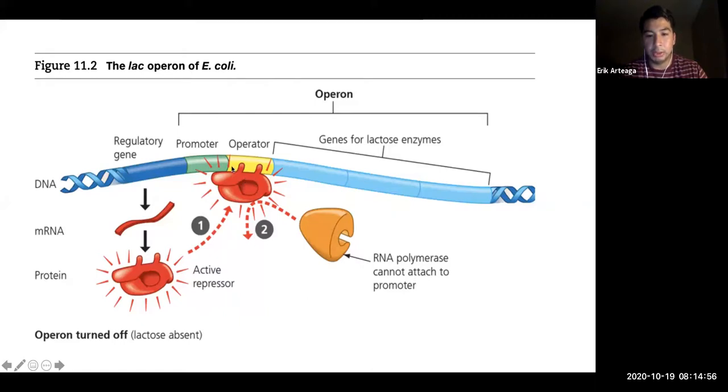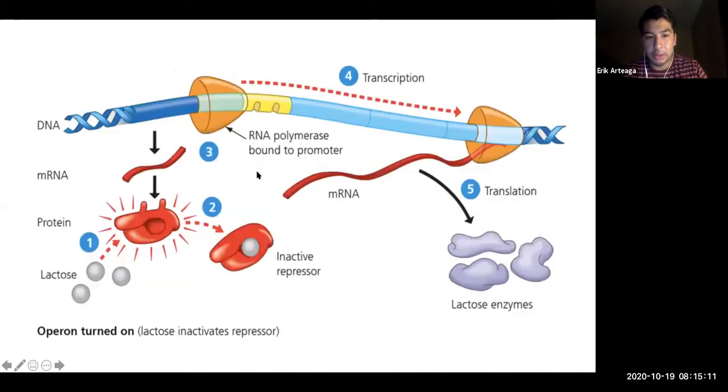So RNA polymerase can't come and turn DNA into RNA. You need some sort of special protein or activator to transcribe it. Lactose is a sugar that's going to bind to that repressor and deactivate it. So you have an inactive repressor. Now RNA polymerase can come, right?